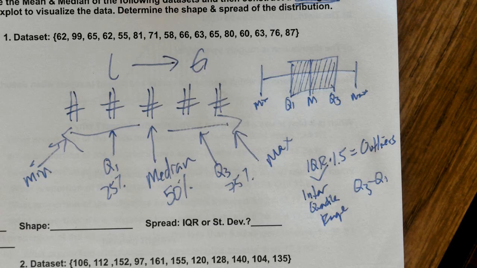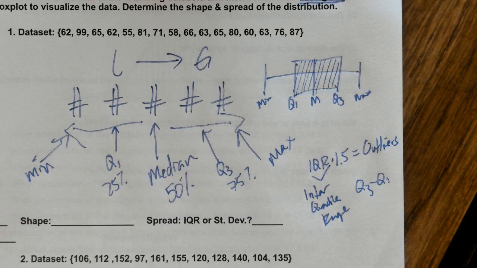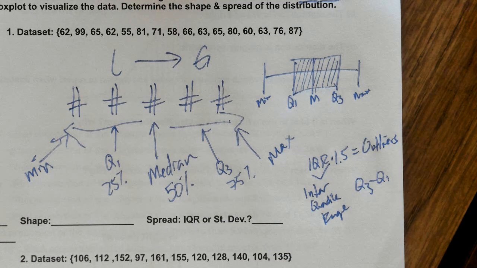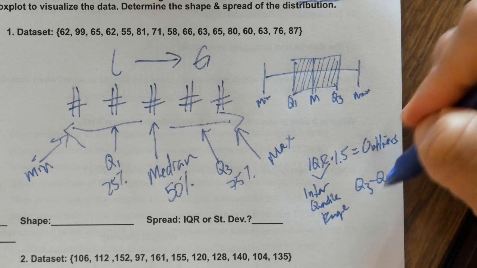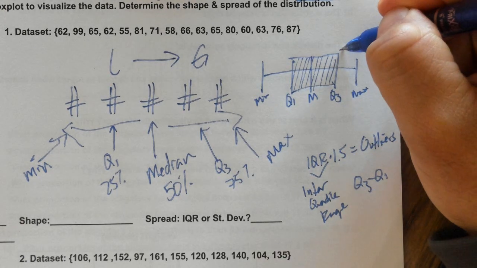Right? How far is your data spread out in the middle? Like the middle 50%, how much is it spread out? Versus the full range, which is maximum minus minimum, right? Interquartile is in the middle. And then to find the IQR, once you subtract those, you multiply that number by 1.5, and that tells you how much away, right?